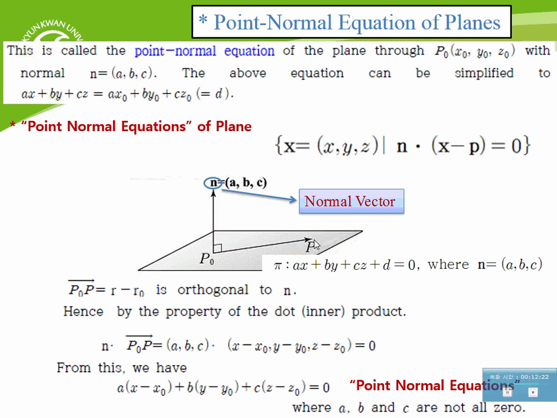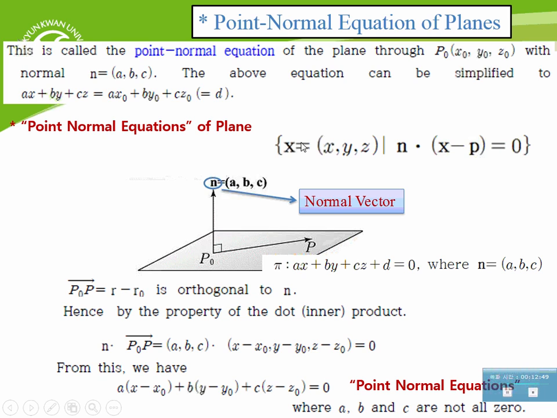The set of those points will form a plane which is orthogonal to the normal vector. So the normal vector n, inner product with x minus p, where p is the given point and x is any point, should be 0.